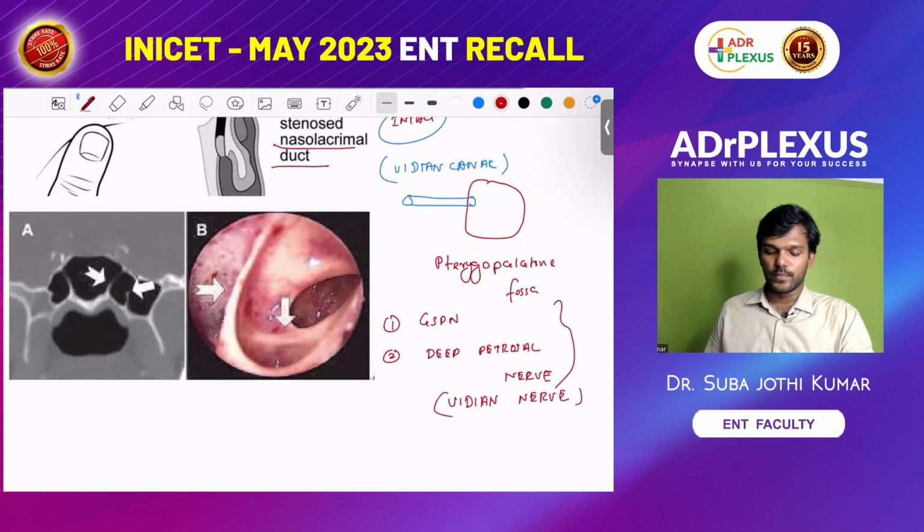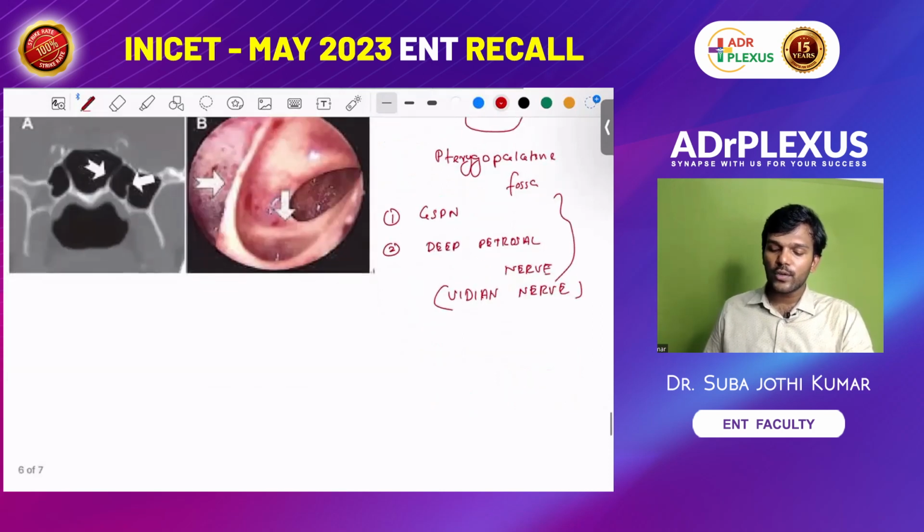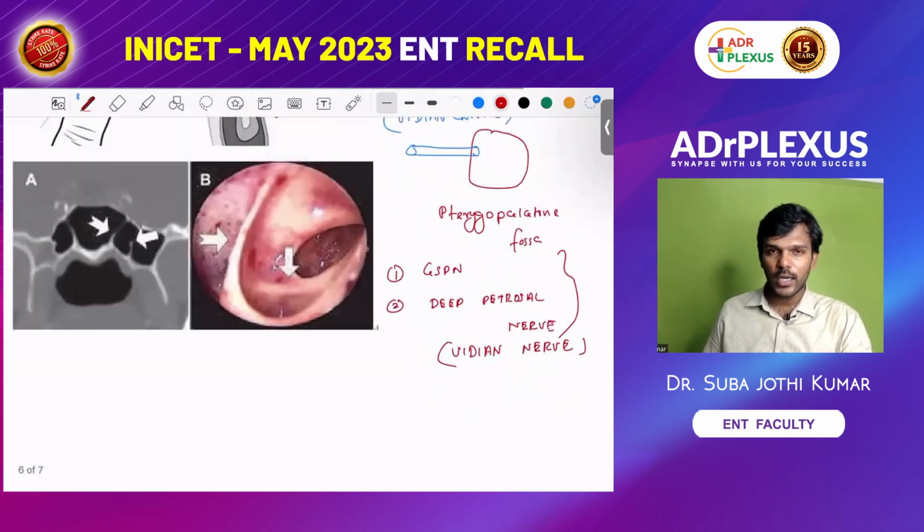So if we are going to target the median nerve, we can't target it from outside. We have to do an extensive surgery. We have to reach the median canal just behind the maxillary bone, just at the pterygopalatine fossa. So it's not that easy to reach the median nerve.